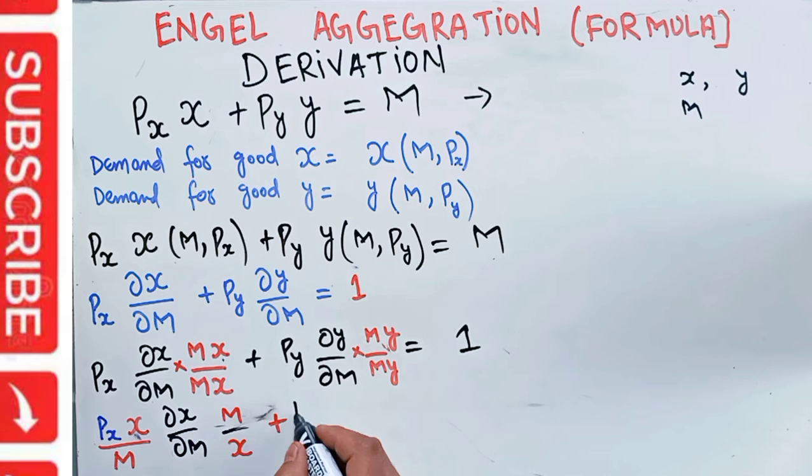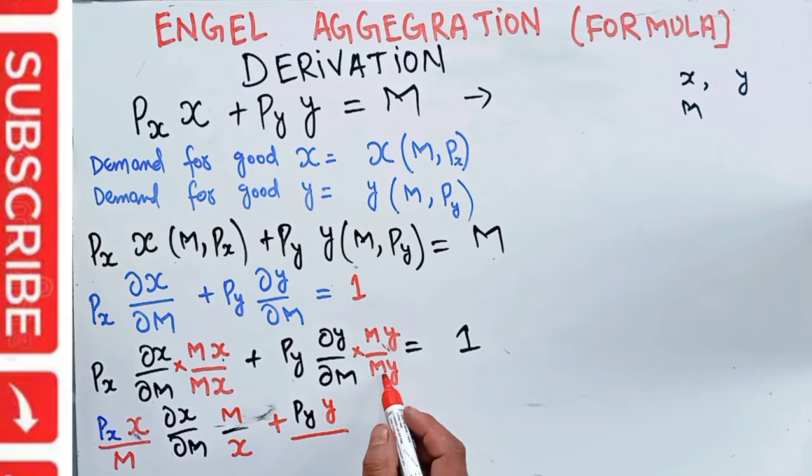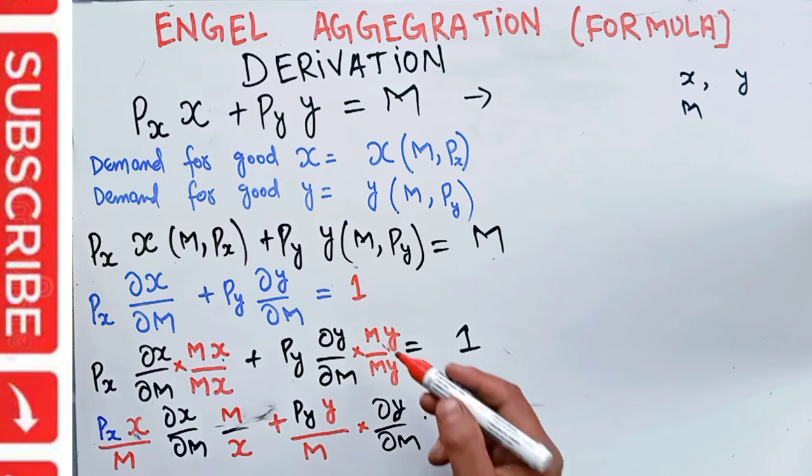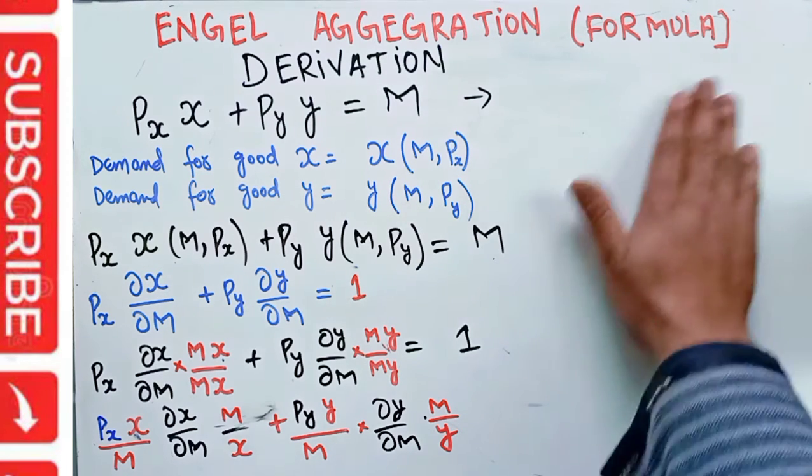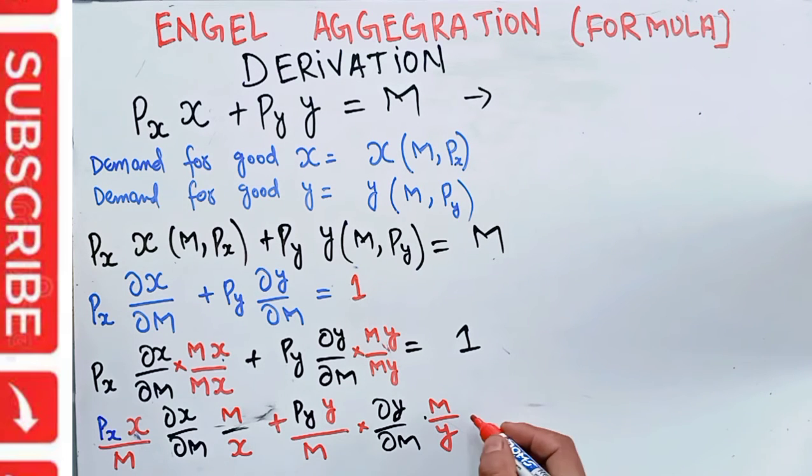We have price of Y into Y, divided by M, then I am left with del Y upon del M into M upon Y, and it should be equal to 1.